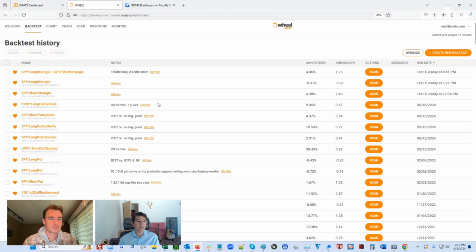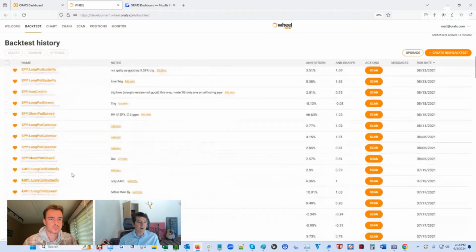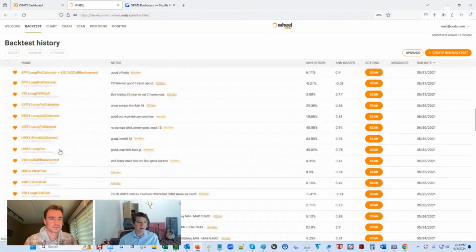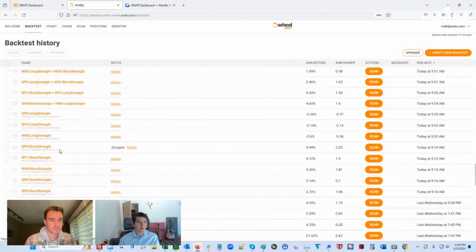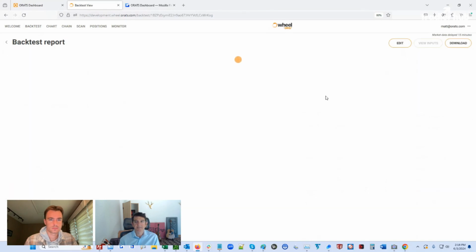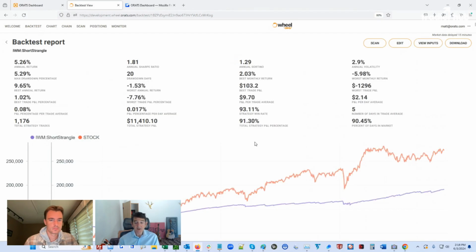The key is, let's just look at the short strangle on its own. So here's the IWM short strangle. First of all, it does two things.